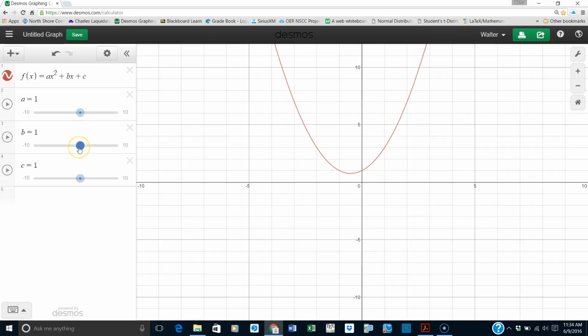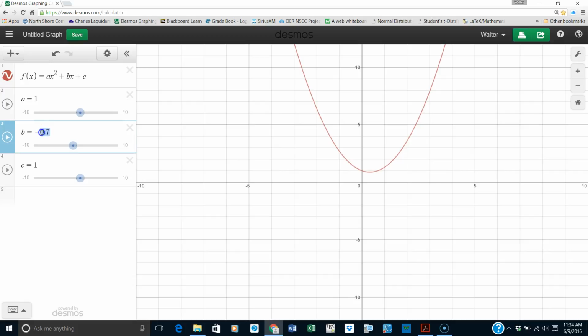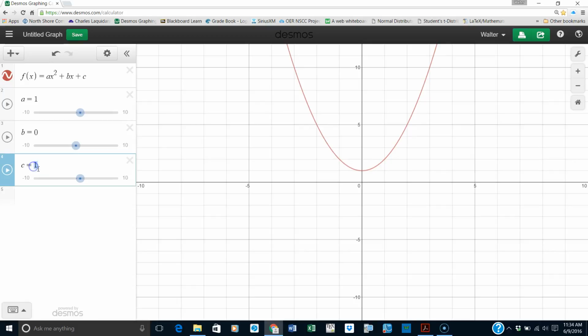What if I let b equal 0 and c equal 0? This is the basic quadratic function x squared. If a is 1, b is 0, and c is 0, we'll just have x squared, and we get a basic parabola.